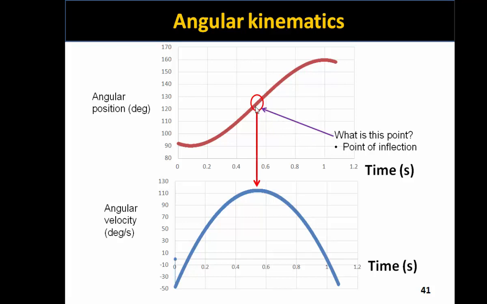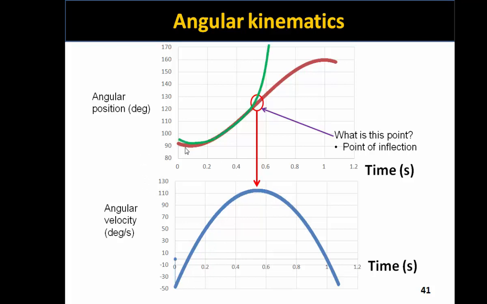From the point of inflection, as we saw in the previous slide, this is the point at which the slope is steepest. And we know that when the slope is steepest, the derived variable, velocity, is going to be at its greatest value, and we see that happening right here.